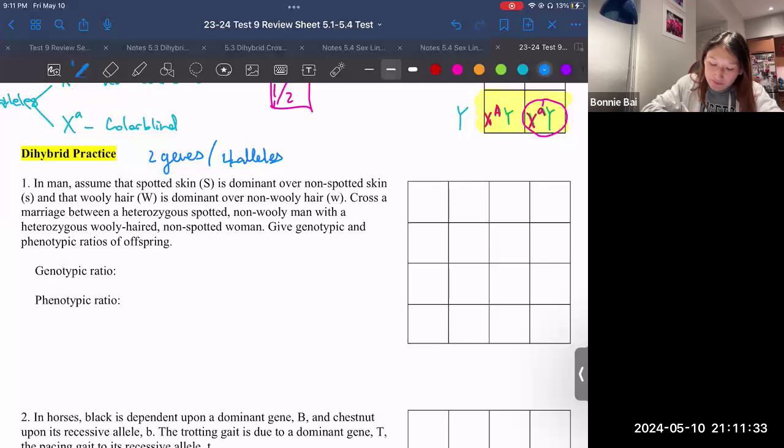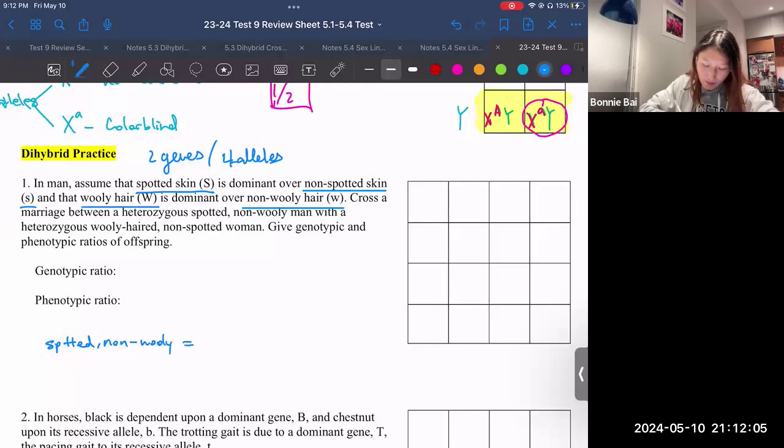Okay, so we have spotted skin, big S, over non-spotted, little s, and woolly hair, woolly mammoth, versus non-woolly, dominant versus recessive. You want to make your big W real dramatic. You're crossing with a heterozygous spotted. So I'm going to write down here: I'm crossing a heterozygous spotted non-woolly.